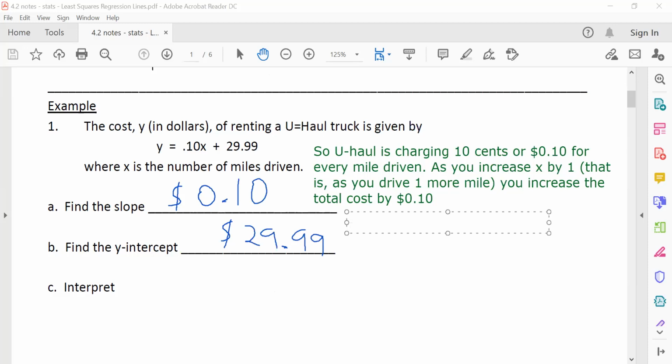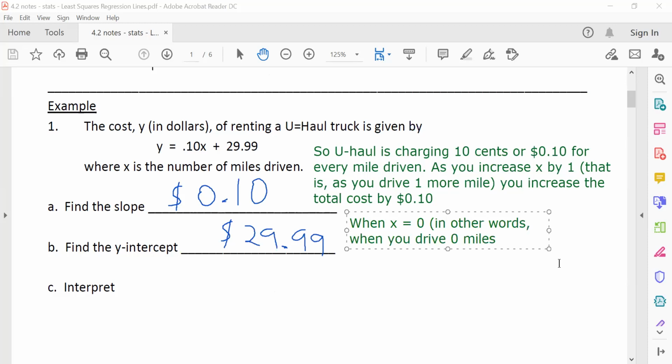And what this means is when x equals 0, in other words, when you drive 0 miles, you still pay $29.99 to use that U-Haul. They got to charge you a flat fee. Why? There's certain economic reasons, I'm sure, behind it.